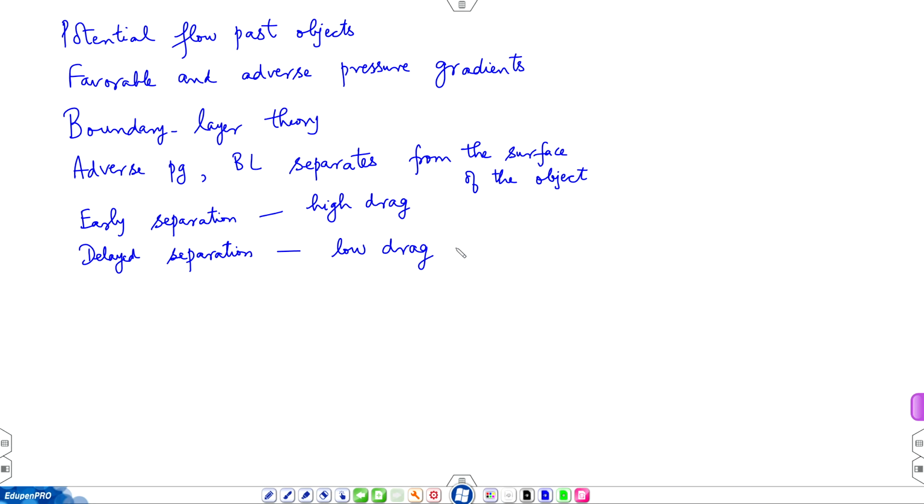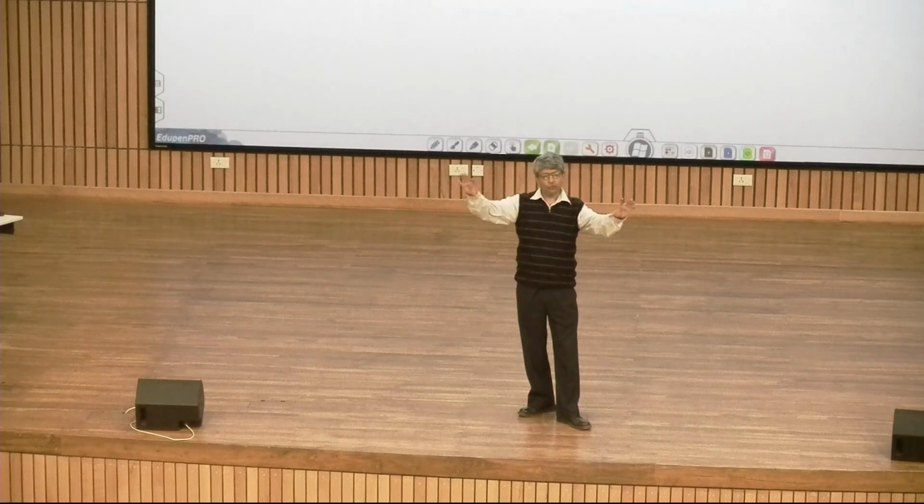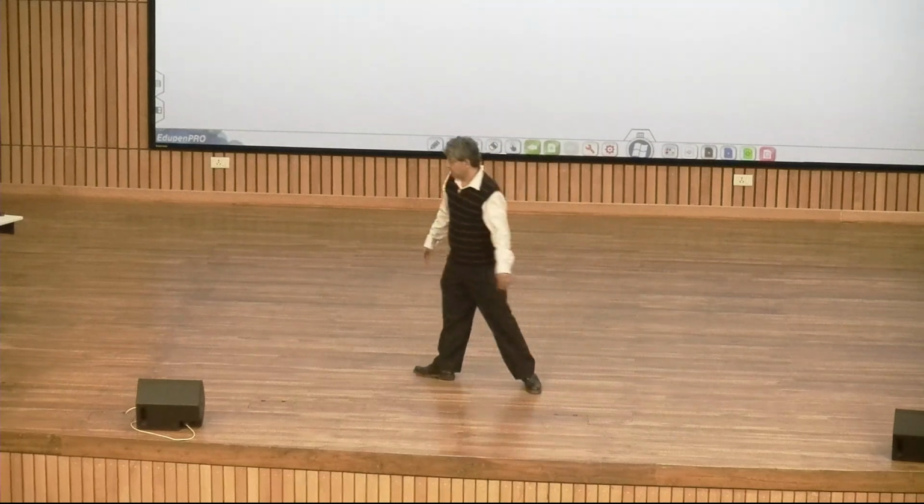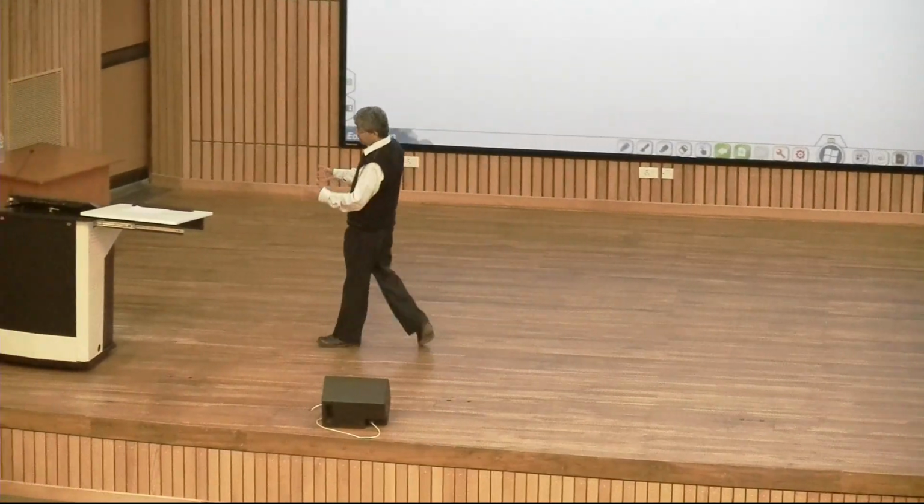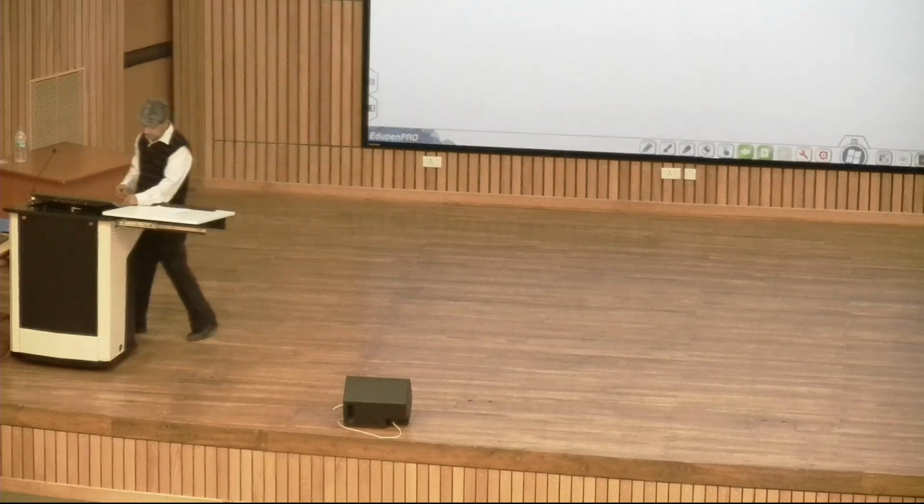So, one approach was to weaken the adverse pressure gradient on the rear side of the cylinder by elongating that region, giving rise to an aerofoil kind of a cross section. That will narrow the wake, delay separation, reduce drag.